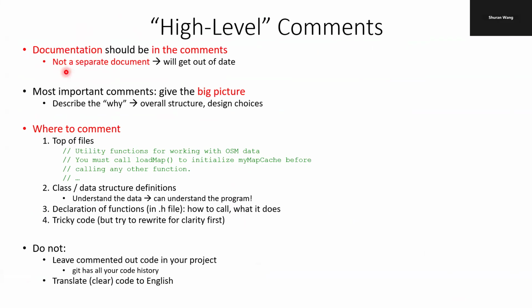For your code to be maintainable, always keep the documentation inside the code using comments, and modify the comments whenever you modify the code. The most important comments are those that give the big picture of your code, that describe the why, the overall structure of your code, and the design choices you're making.